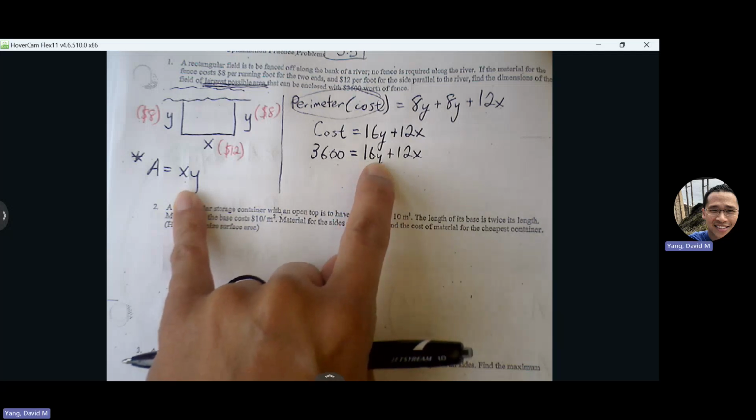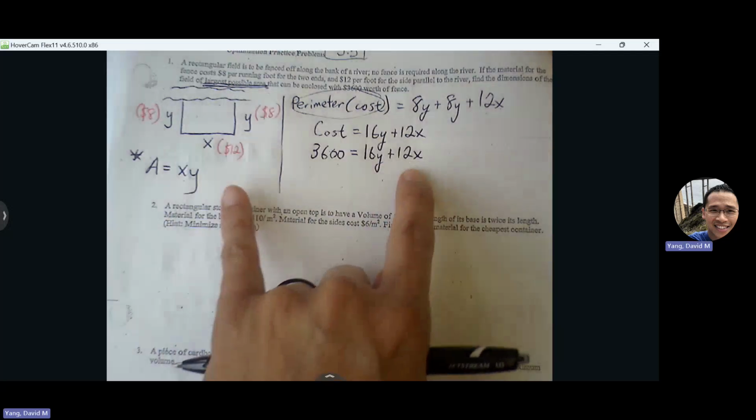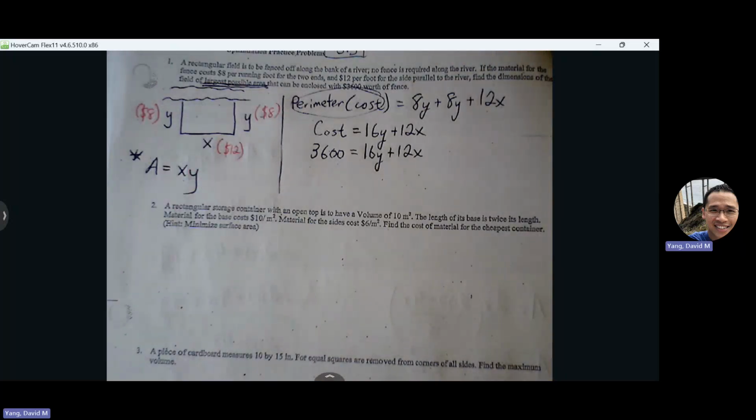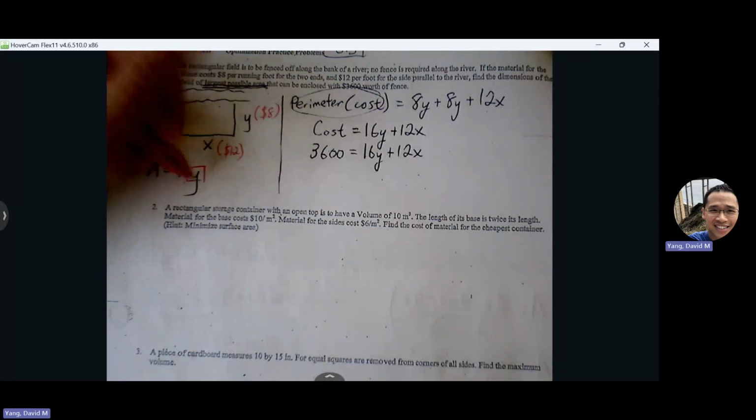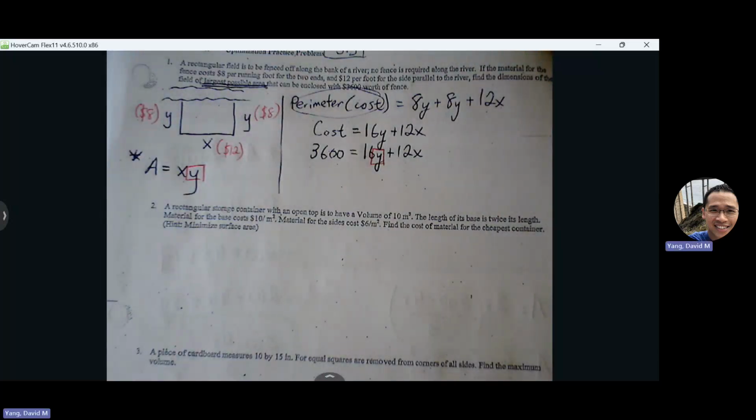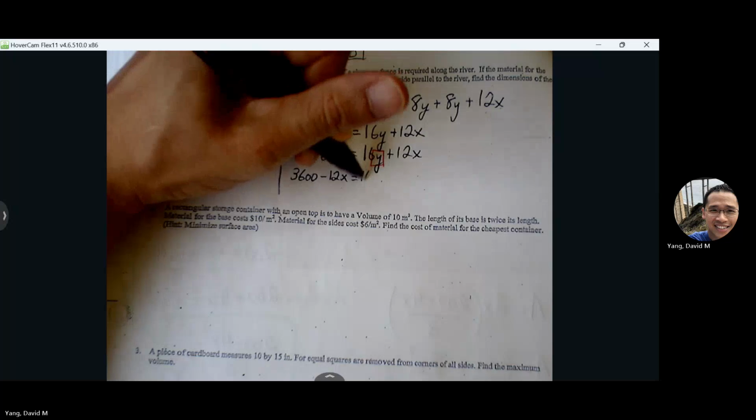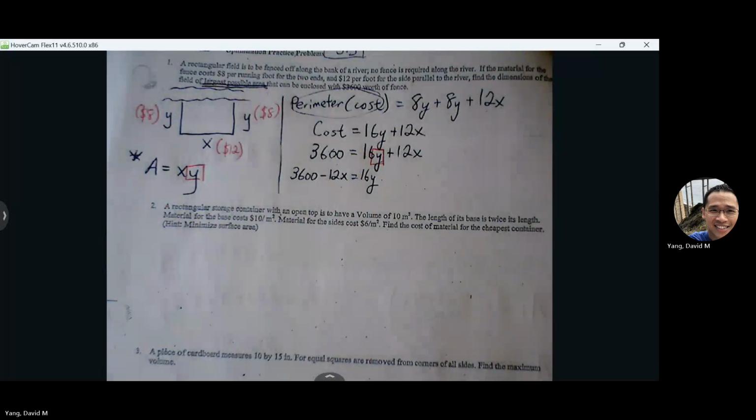If I solve for y in terms of x or solve for x in terms of y, they're relatively the same. So if they're the same, I'm just going to solve for y. If you solve for x, it's the same difficulty. Okay, divide both sides by 16.